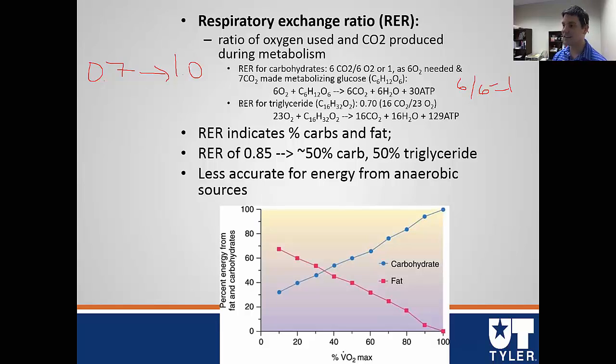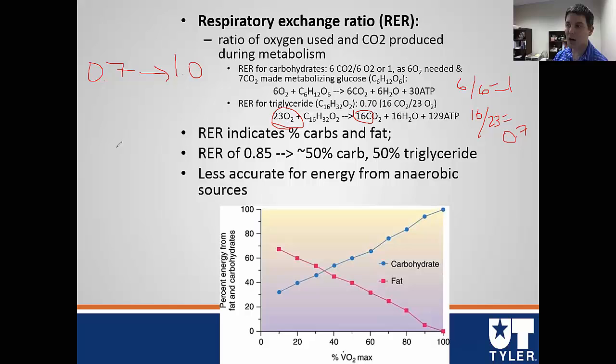If we look on the other side, the RER for fats: ultimately we have the input of 23 oxygen and 16 CO2s for a 16 carbon fatty acid. And so if we divide that, we get a value that is just slightly under 0.7.